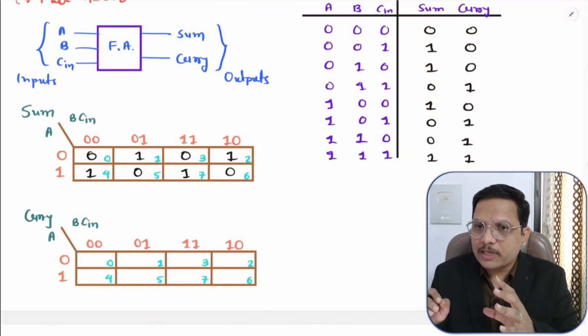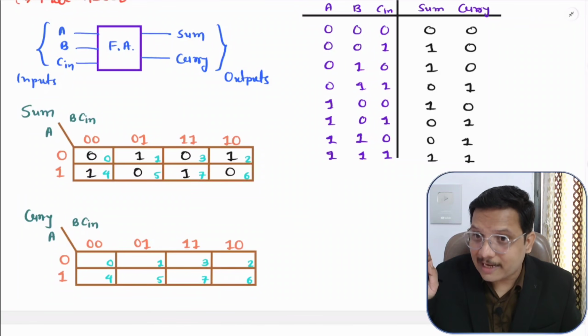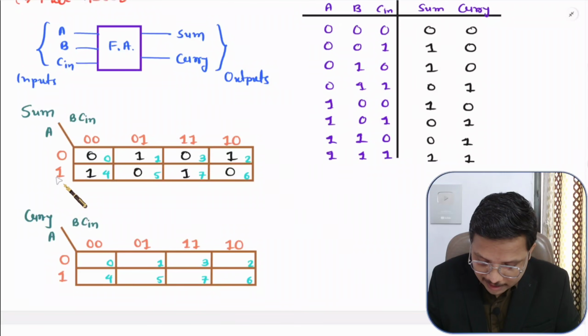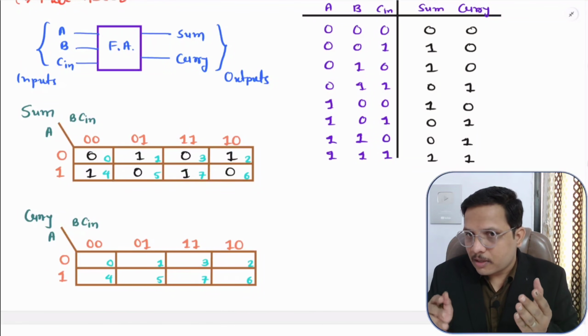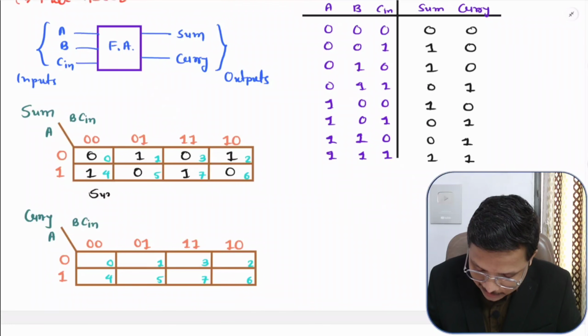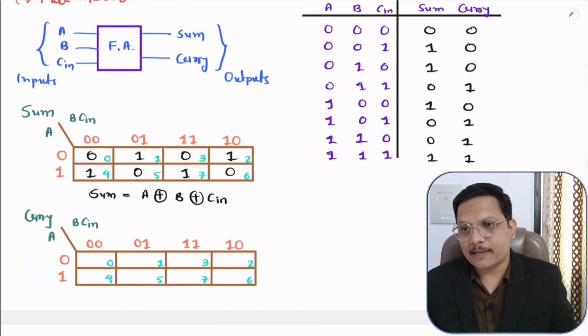For that, you need to see first whether A has 1 at 1 or not. Like you see this sum that is having A over here, where here we are having 1, right? So 1 is having 1 over here. So what it means, here we are having an XOR operation of those inputs, right? So if you want to solve this sum, then the solution of this sum is A XOR B XOR C in. That is how we'll be having sum.